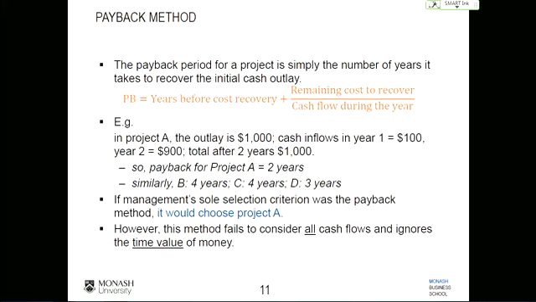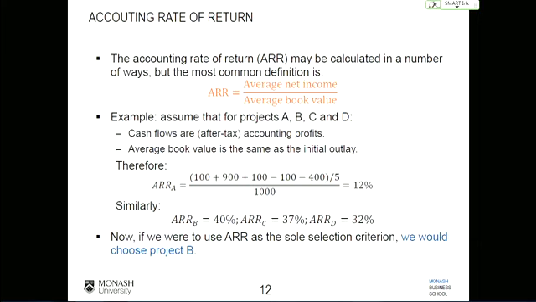So remember, the initial cash outlay would be the initial investment, the investment that the firm would make right at the beginning. Is it inflow or outflow? Outflow, of course, right? Because it's the investment that you make. You have to make an outflow first to be able to expect an inflow.